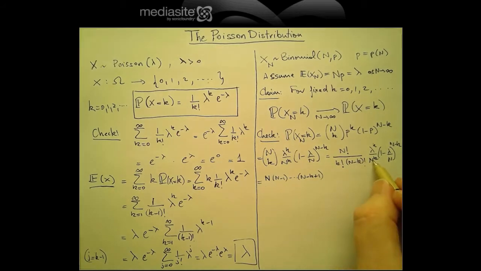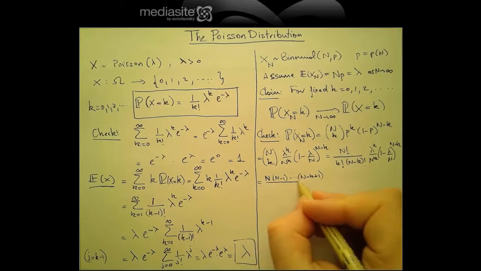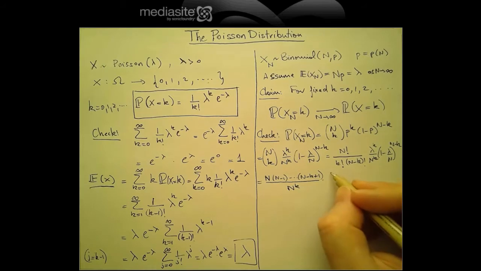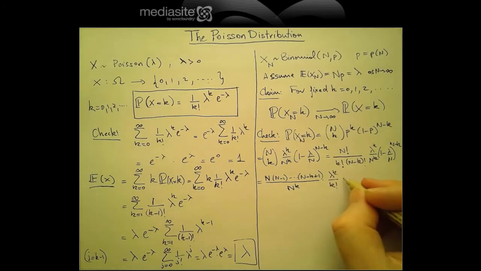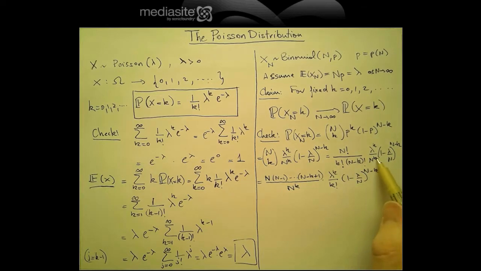I'm going to swap the n to the k and the k factorial, putting the k factorial under the lambda.